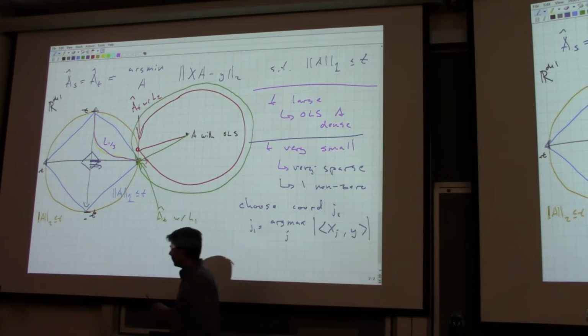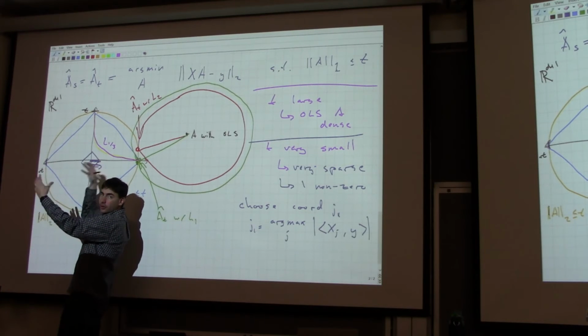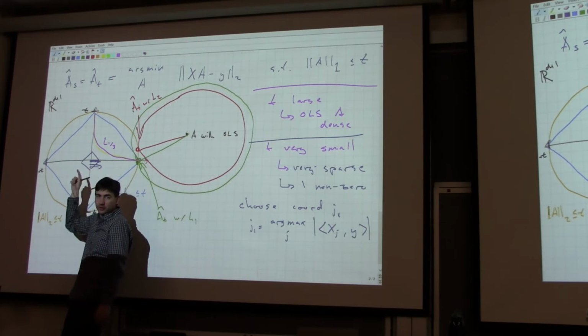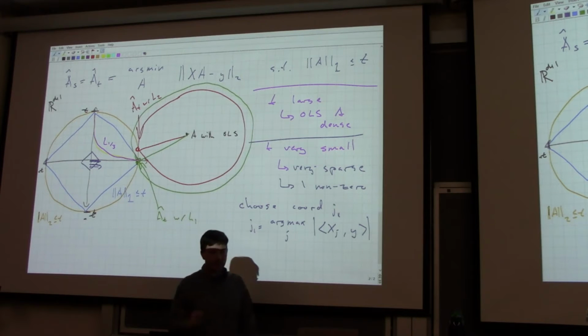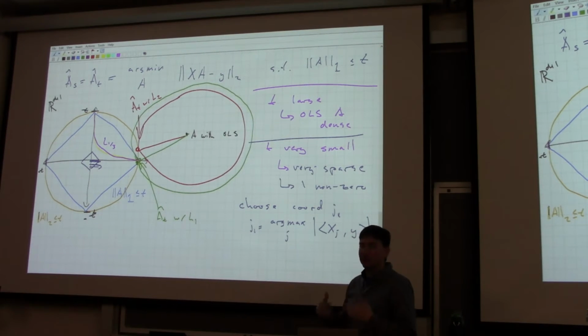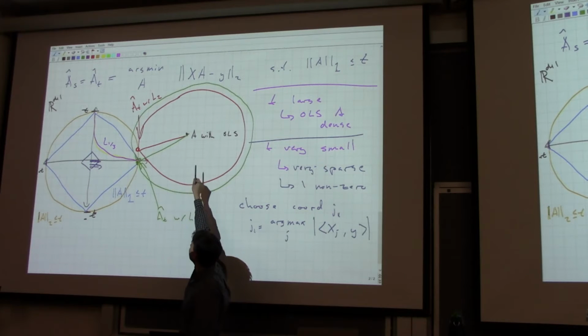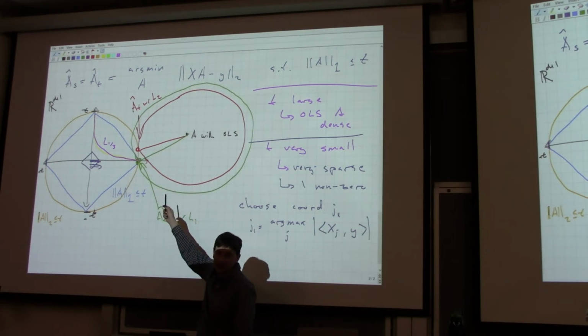I'm starting at 0 and moving along the x-axis as the ball grows out. Then at some point you need to add another coordinate. In this example, eventually I get far enough out that the closest point on the diamond is not on the x-axis.